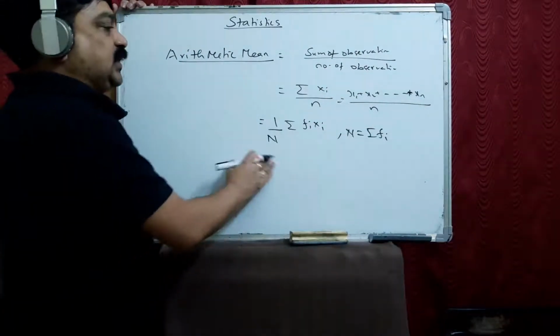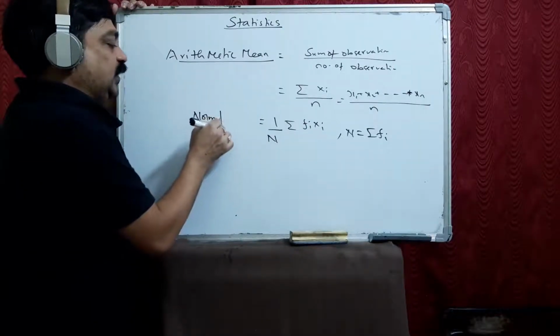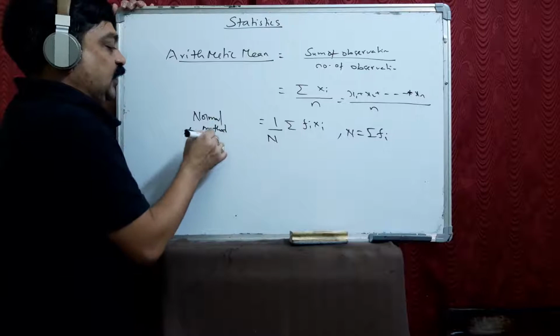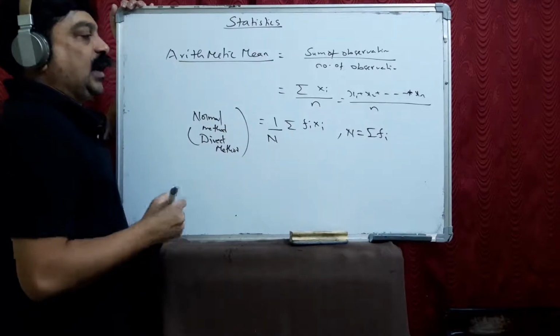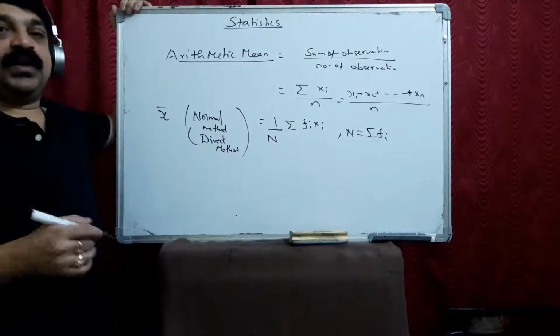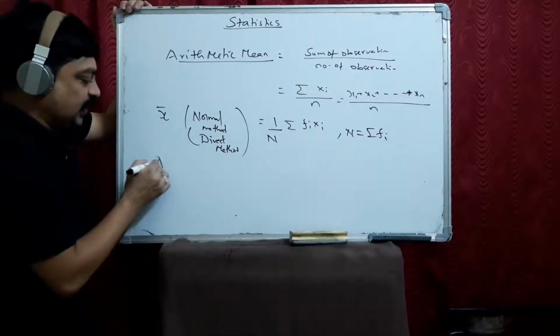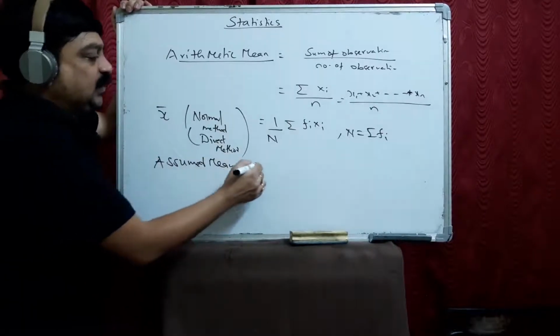There are 3 methods in this. This is the normal method, which we call the direct method to find the mean, and mean is usually denoted with x bar. One more method is the assumed mean method. What is the assumed mean method?